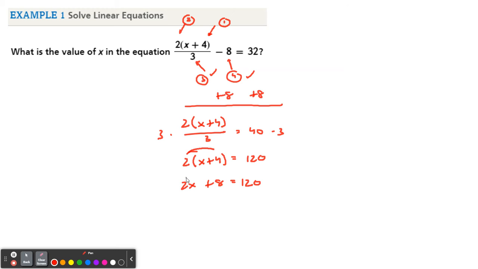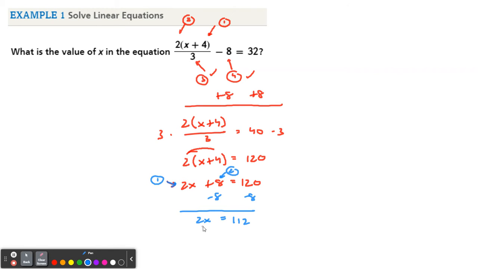Notice now the equation's changed. What's happening to the x is we're multiplying by 2. That's the first thing. And then we're adding 8. So now we're going to do this in reverse order. We subtract 8 from both sides: 2x equals 120 minus 8, which is 112.